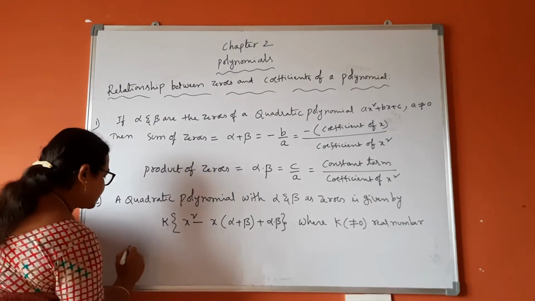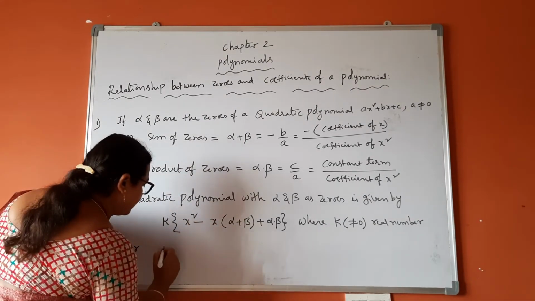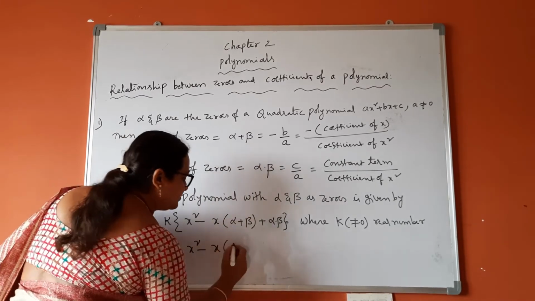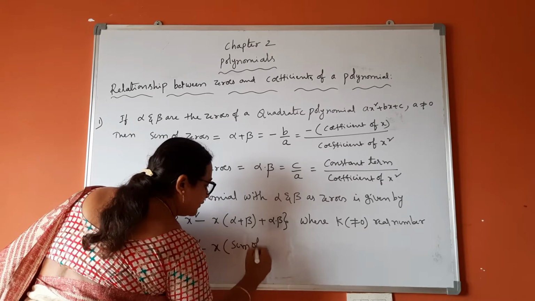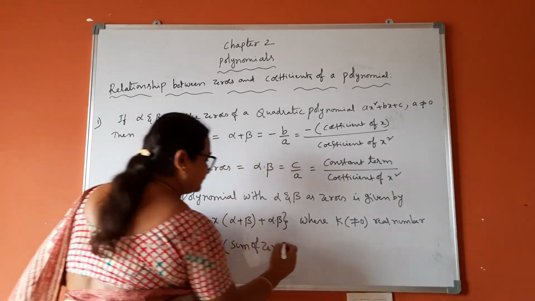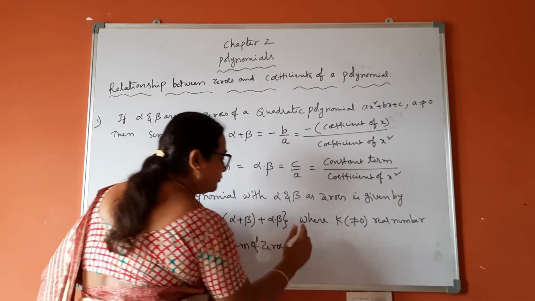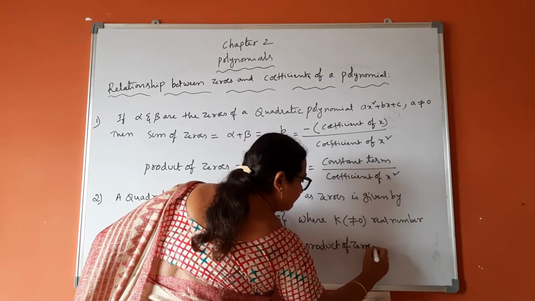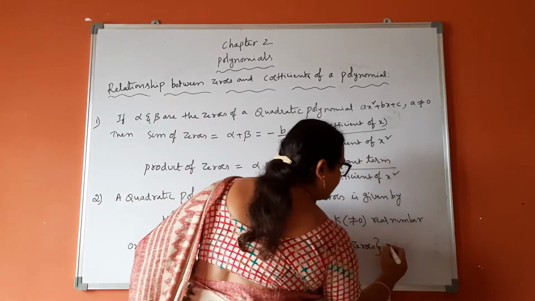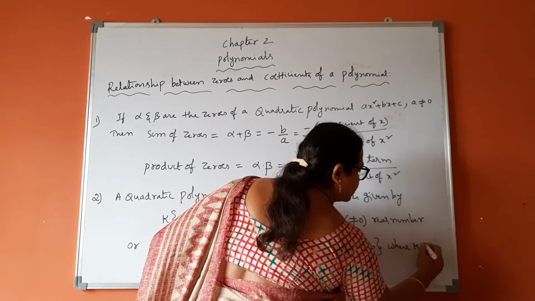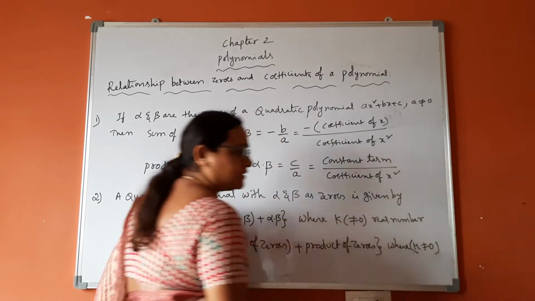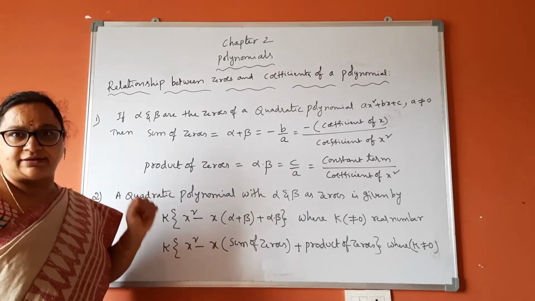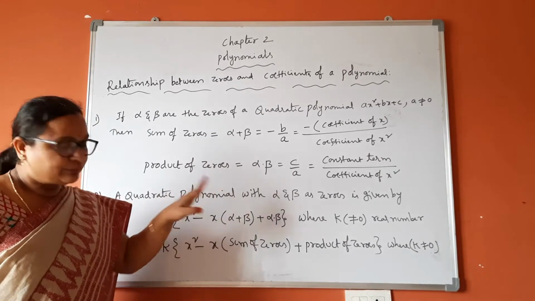Or else, same thing, k into x square minus x into alpha plus beta, the sum of zeros, plus alpha into beta, the product of zeros, where k is not equal to 0. So using this we can write a quadratic polynomial if zeros are given.